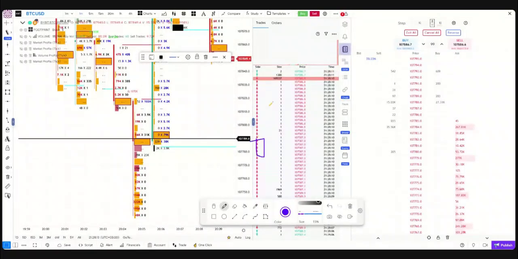So anytime unaona order imekuja na arrow face chini, that's definitely a sell. Anytime unaona order imeingia na arrow face juu, that's most definitely a buy order. So these are very useful and help us very much.